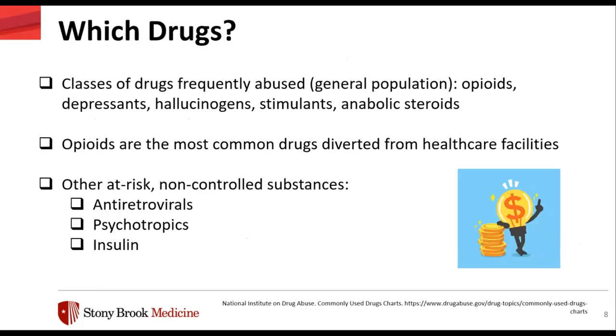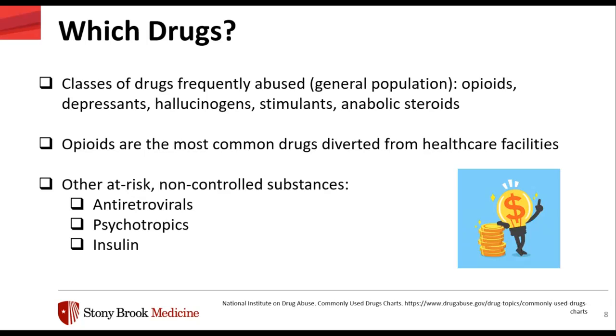So which drugs are prominently abused? The classes of drugs frequently abused include opioids, depressants, hallucinogens, stimulants, and anabolic steroids in the general population. In healthcare facilities, the most common type of drug diverted are your opioid medications. And other at-risk non-controlled substances are typically your antiretrovirals, psychotropics, and insulin.